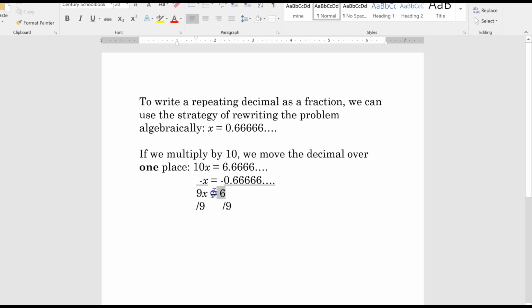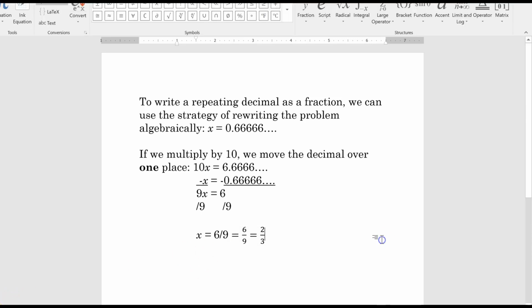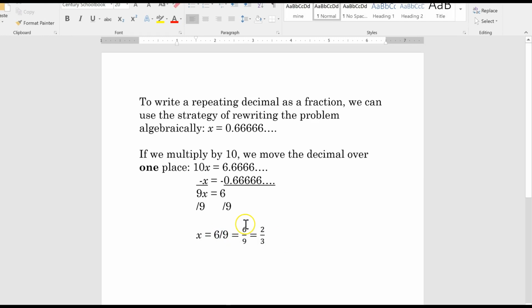We don't want to do the decimal form for that, because we're looking to try to get a fraction, right? So we're going to say, okay, that means if I divide by 9, I get x is 6 over 9. That's a fraction. Now, I can write the 6 over 9 as 6 over 9 like this, which reduces to 2/3 or simplifies to 2/3. And that's our fraction.